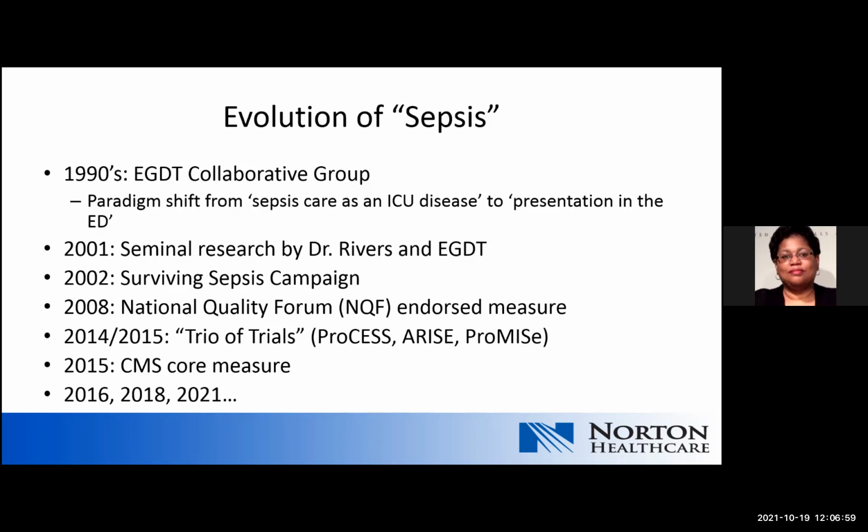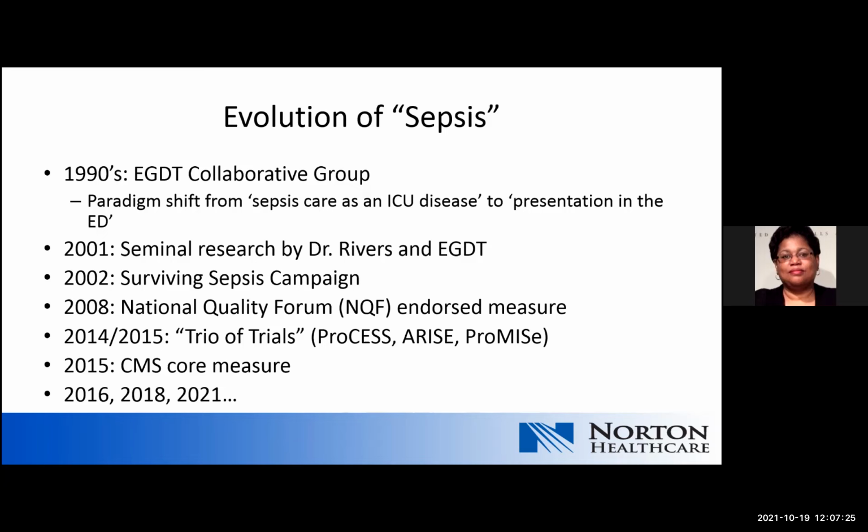In 2001, the seminal research by Dr. Rivers with the early goal-directed therapy was released, and of course, you all are very familiar, stated giving the fluid boluses sooner rather than later, emphasis on we need to treat these patients as soon as possible. A year later, the European Society of Intensive Care Medicine, in collaboration with Society of Critical Care Medicine, created the Surviving Sepsis Campaign.